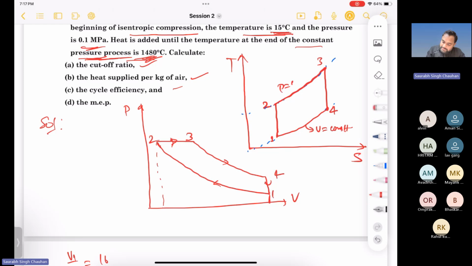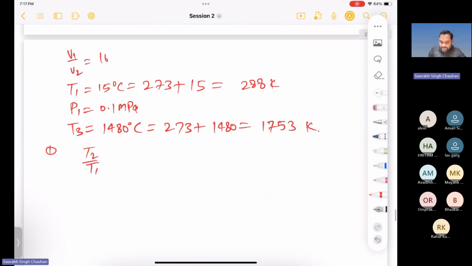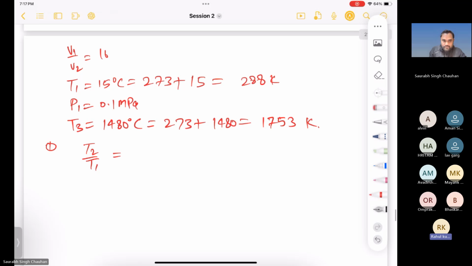This is pressure equal to constant, and the vertical lines are isentropic lines.